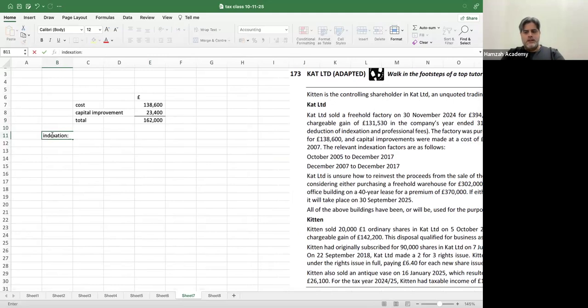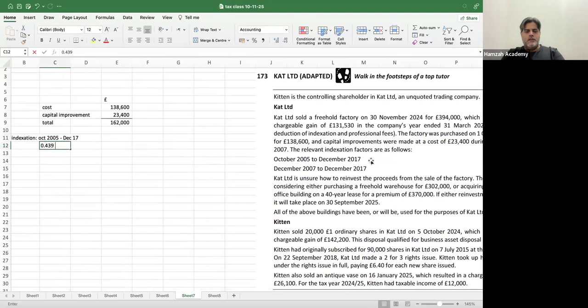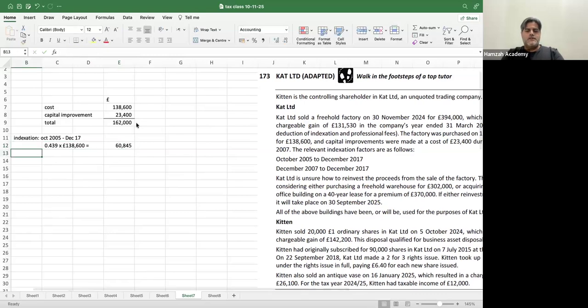Now, as far as the indexation is concerned, I had from 1st October 2005 to December 2017 the factor 0.439, multiplied by the cost of 138,600. I get 60,845.